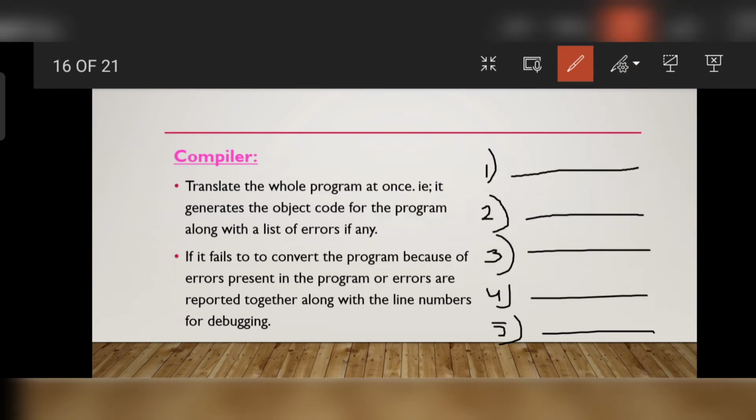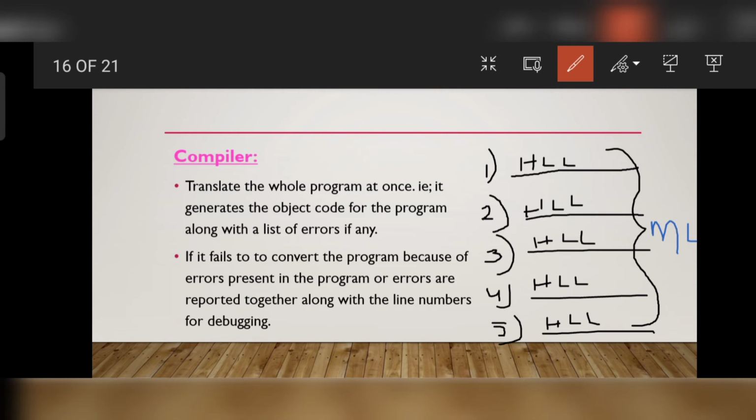Suppose these instructions are given in high level language, okay. Then once we entered all the instructions, then our compiler will convert all these instructions together into the machine level language code, okay.